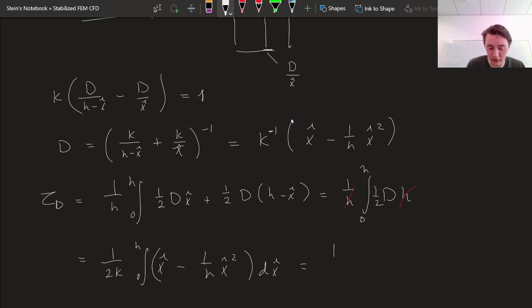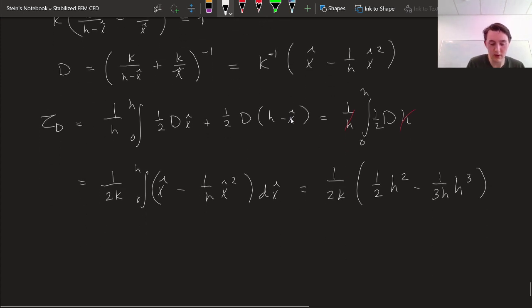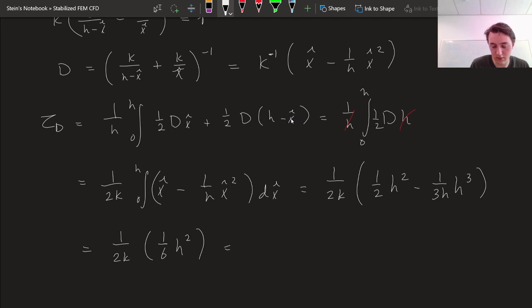That is going to be equal to 1 over 2 kappa times 1 over 2 h squared minus 1 over 3 h cubed. And we get a pretty nice expression as h squared divided by 12 kappa.